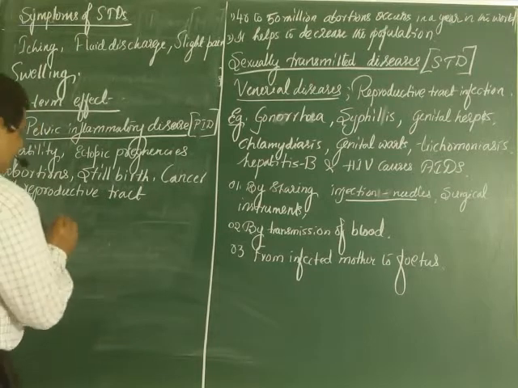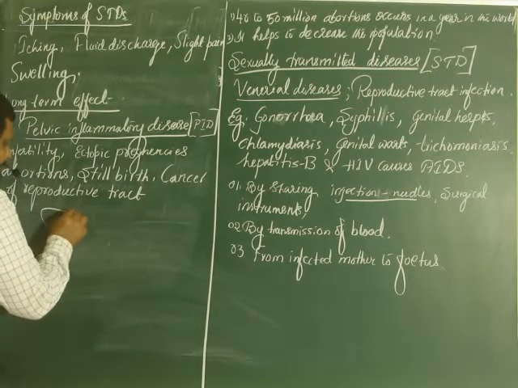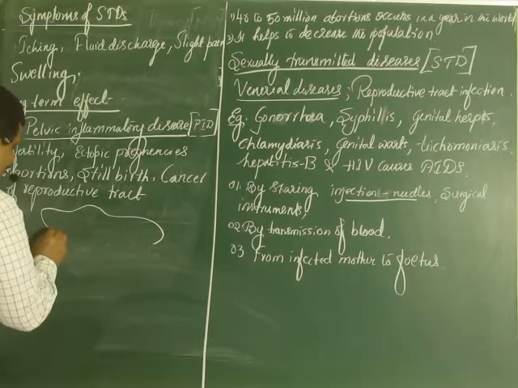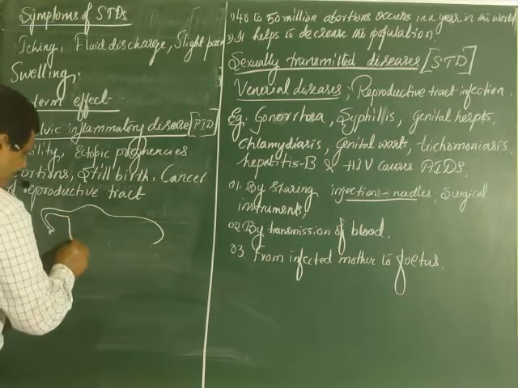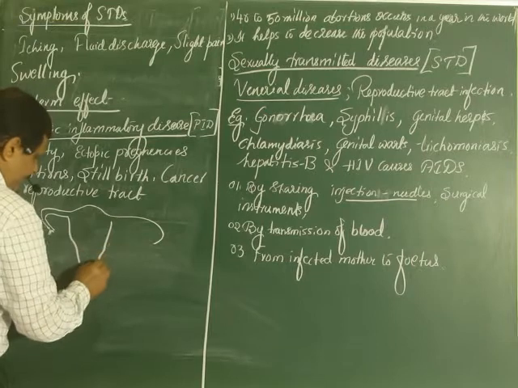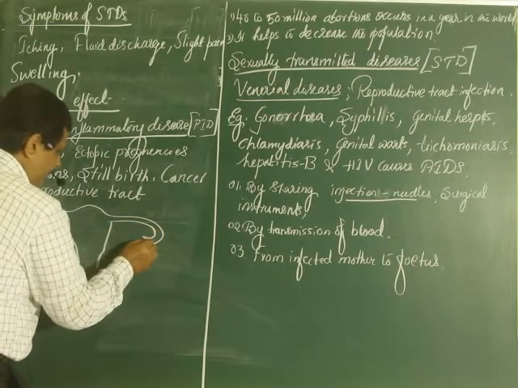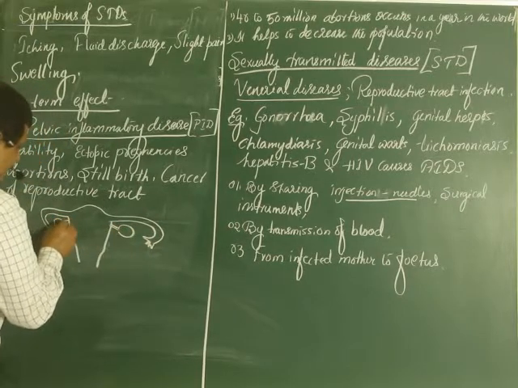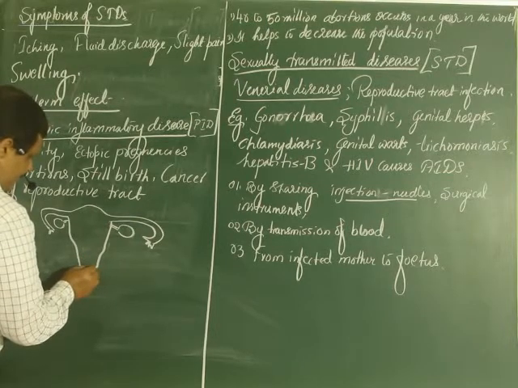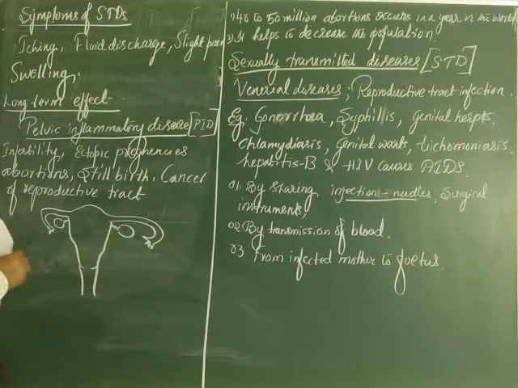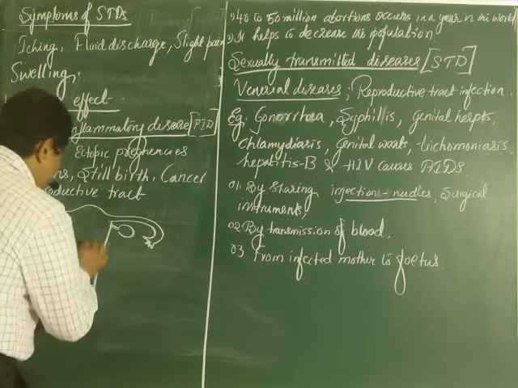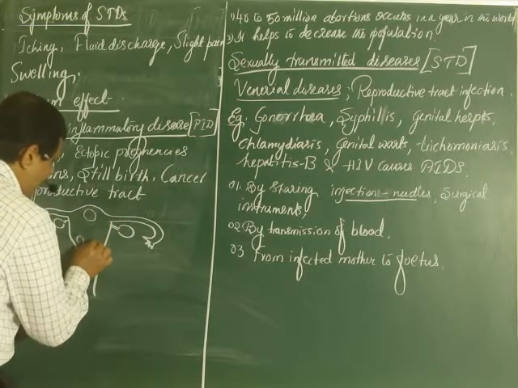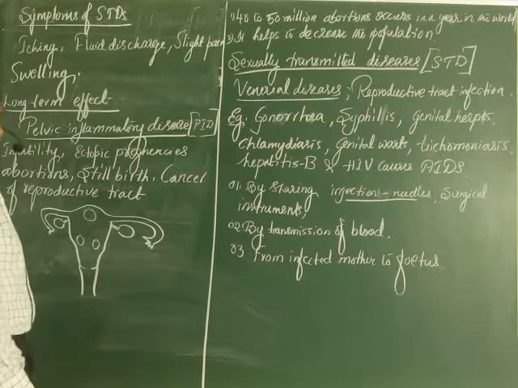You know that in the female reproductive tract, normally the child will be conceived in this particular region. This is the spot, or here, or here. But in ectopic pregnancy, what happens?